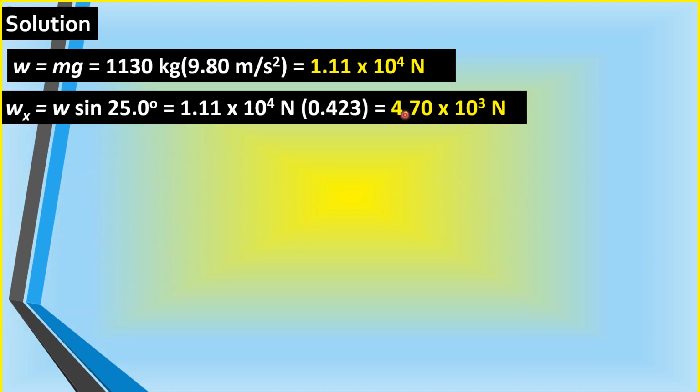And we determine the x component of the weight using the formula Wx is equal to W sine of the angle 25 degrees.